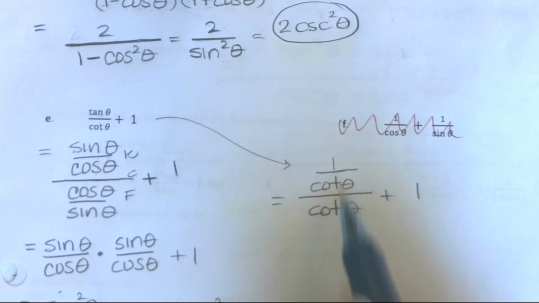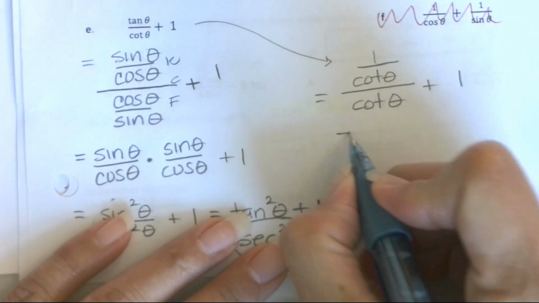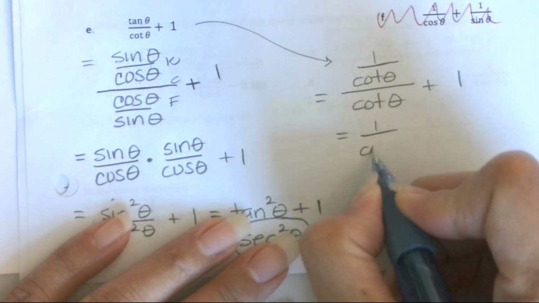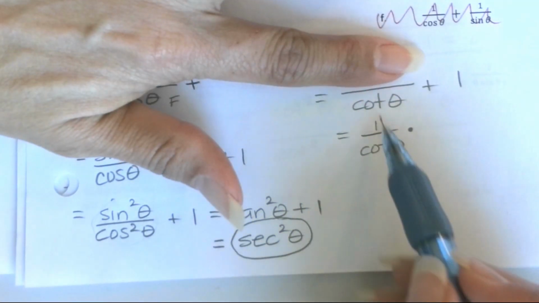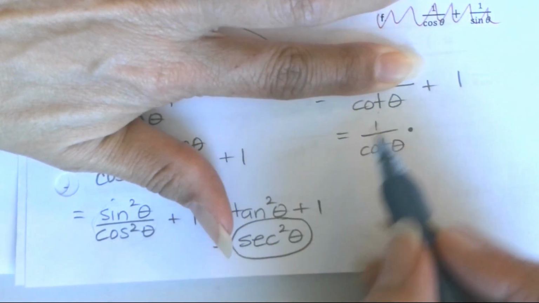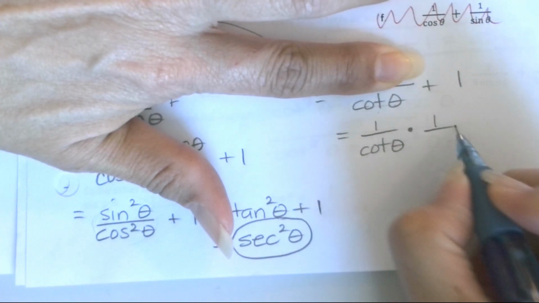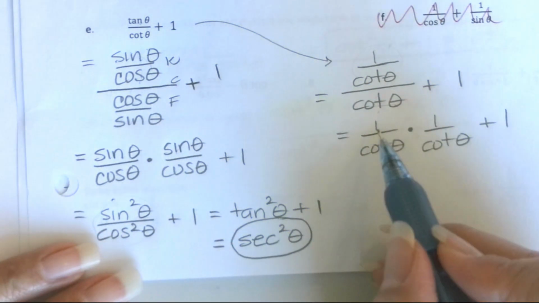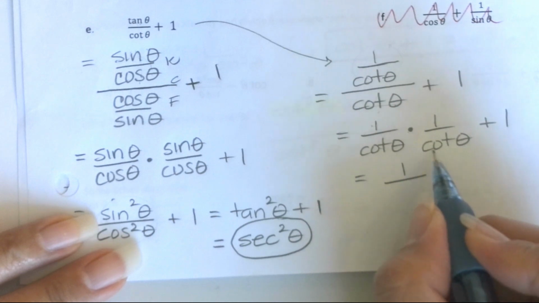And now you have a keep, change, flip right here going on, right? So now you keep 1 over cotangent theta, change, and then how do you write the reciprocal of cotangent? Right now it is cotangent over 1, so you're going to flip it to 1 over cotangent. Well, what's 1 times 1? 1. What's cotangent times cotangent?